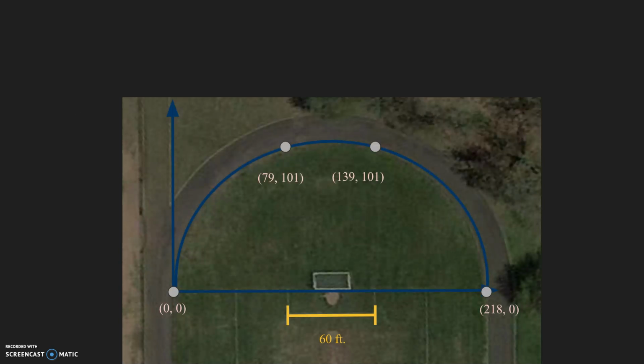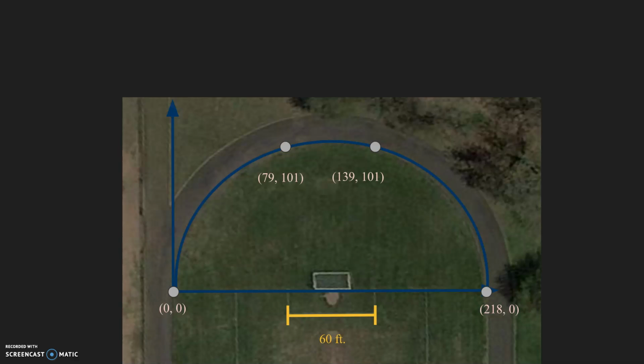So this graph just shows the important points that will be used later on to calculate the quadratic regression. As you can see, there are 4 points: (0, 0), (79, 101), (139, 101), as well as (218, 0). I was able to find these points using the measure tool in Google Maps. As you can see, the yellow line basically outlines the white lines, which you can't really see because I covered them with the yellow lines.